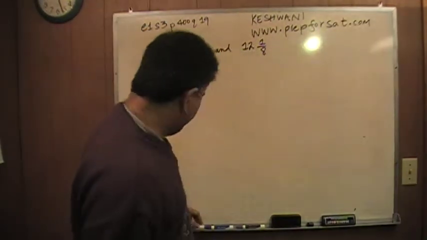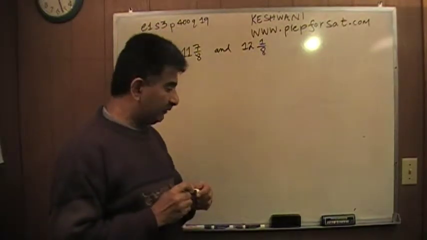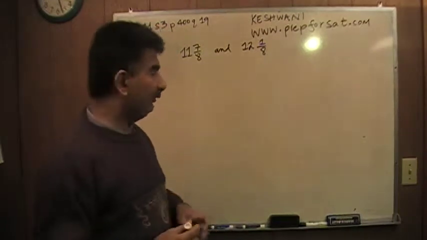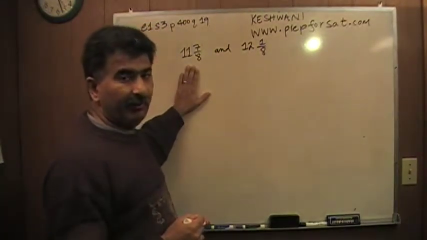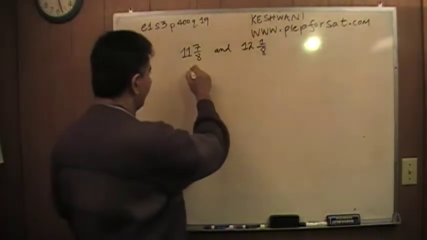In other words, if the bottle has too much fluid in it, if it's more than 12 1/8, it will be rejected. If it has less than 11 7/8, it will also be rejected. It has to be somewhere in this range.